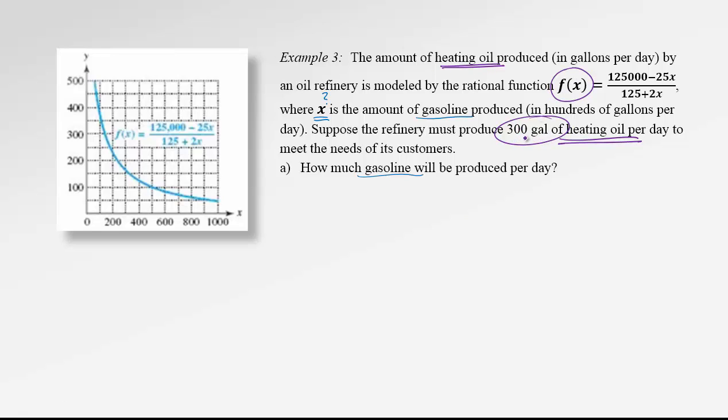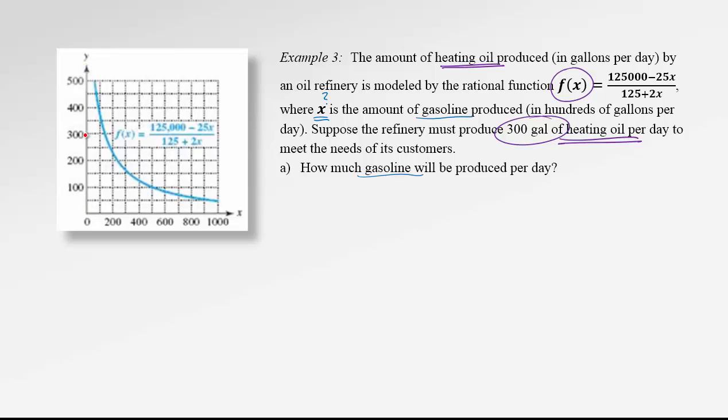So heating oil, that's f of x, that's the y value, and the gasoline, that's the x value. We can estimate this x value using the graph, or we can calculate exactly using the formula. Let's estimate first. So we know that the f value, the amount of heating oil produced, is 300. So let's look at the graph.